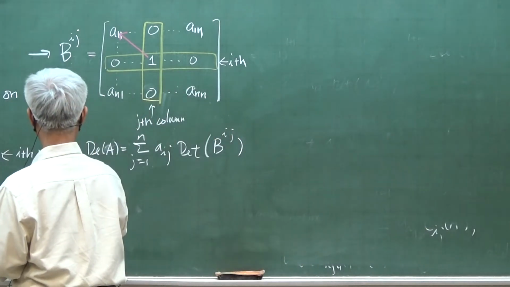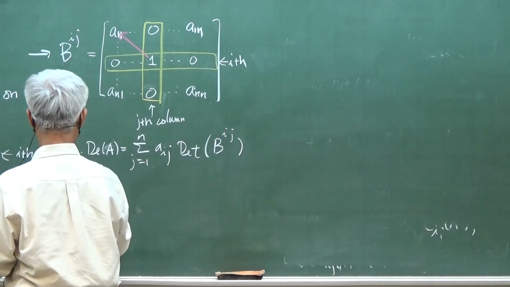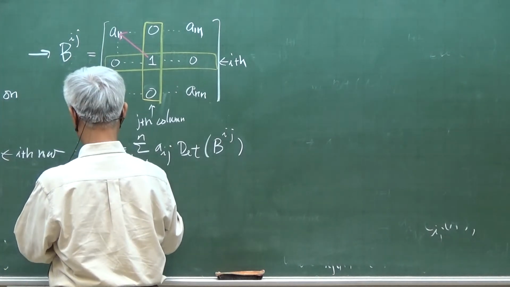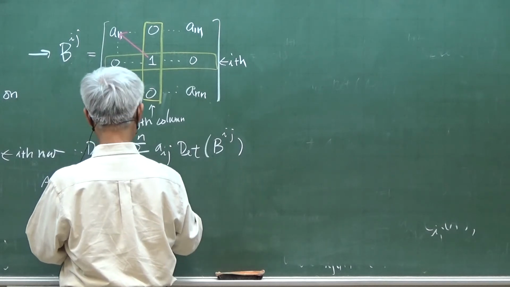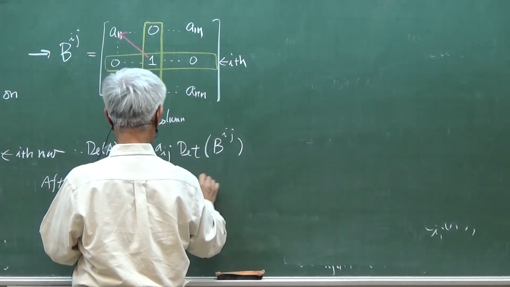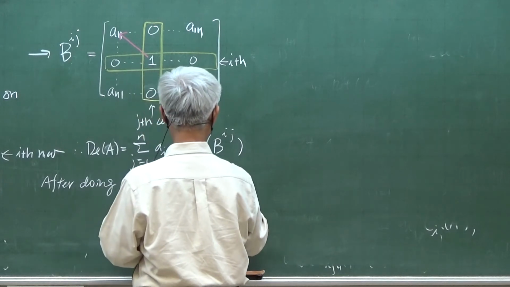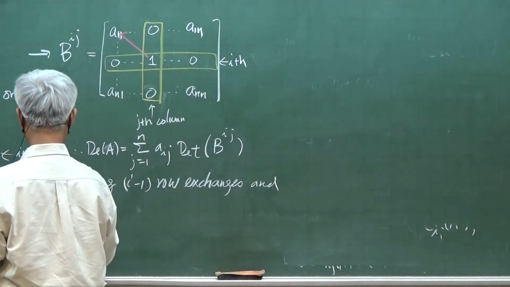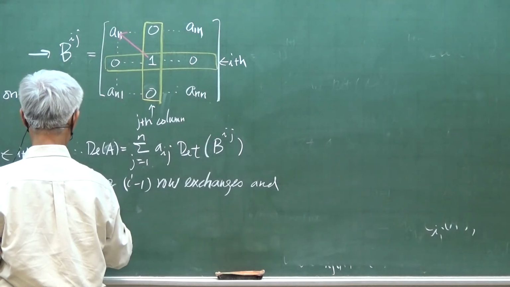Now after doing i minus 1 row exchanges, and j minus 1 column exchanges.